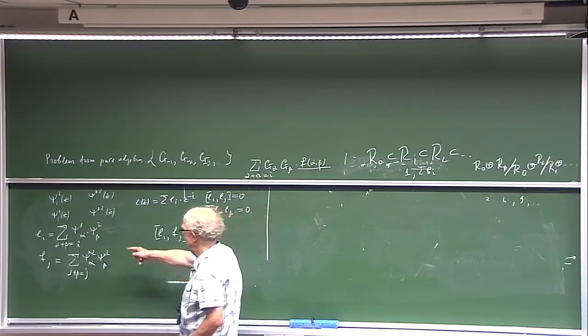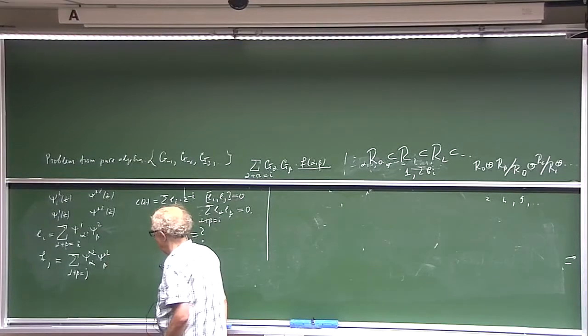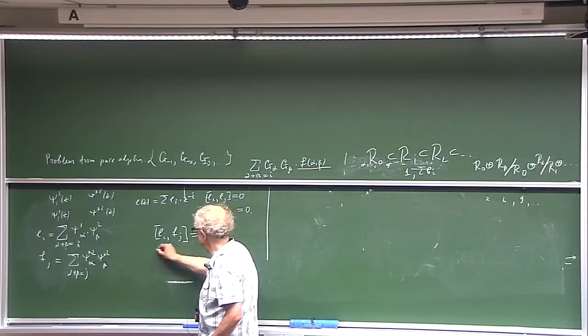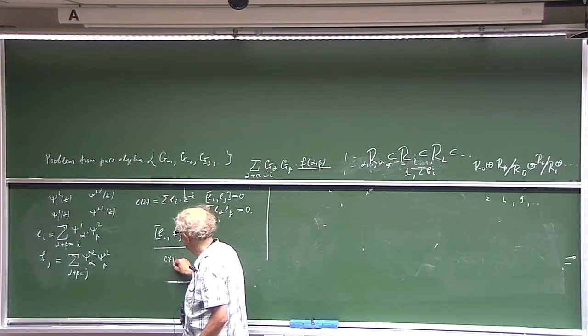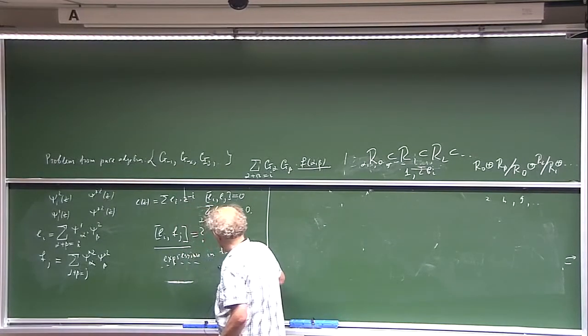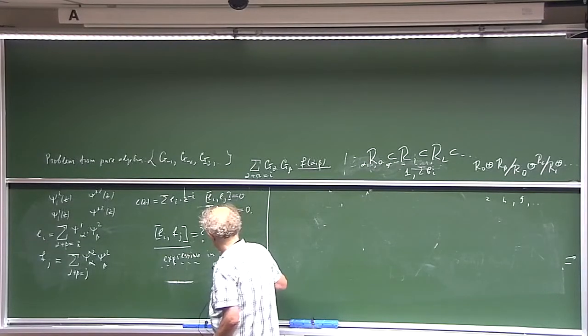So, well, we have this, and we have this. And when I calculate this, it means the result has to be some expression in terms of fermions, I mean, in psi and psi star.